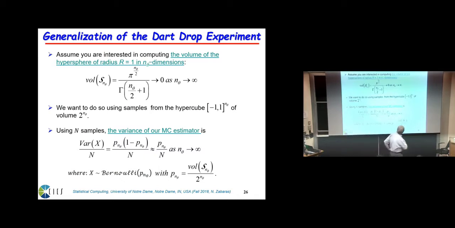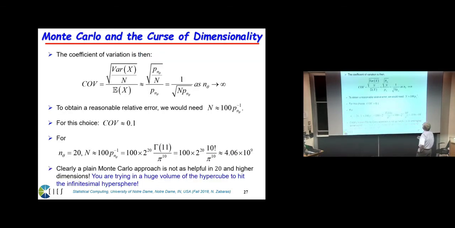Okay? So you can see this if you calculate the coefficient of variation. So you take the exact variance. So this is the standard deviation of the estimator. All right, this is exactly what we did with the circle and the square. And so you put here the approximation of the variance. This is the expectation.